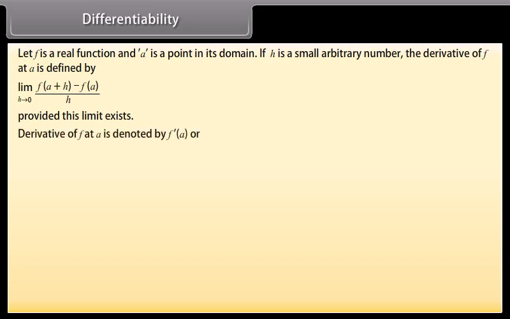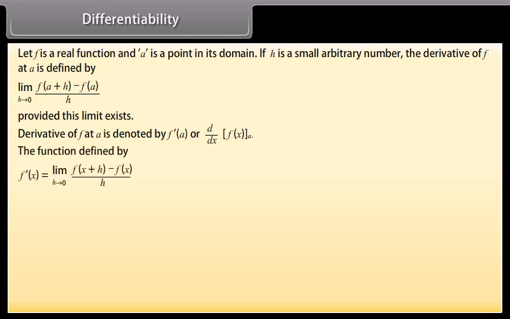The derivative of f at a is denoted by f'(a) or d/dx of f(x) at x = a. The function defined by f'(x) = limit as h approaches 0 of (f(x + h) − f(x))/h.